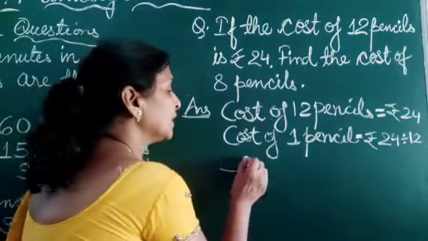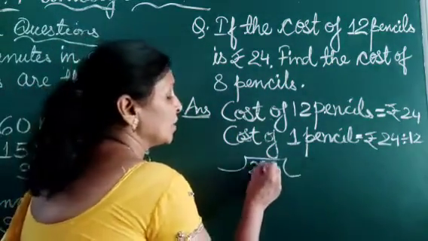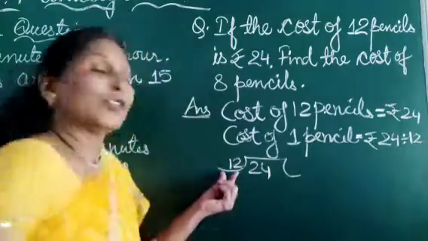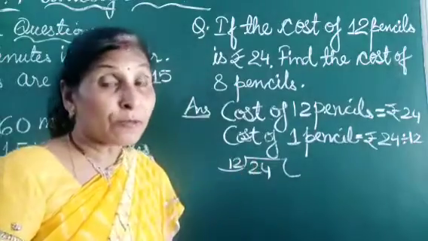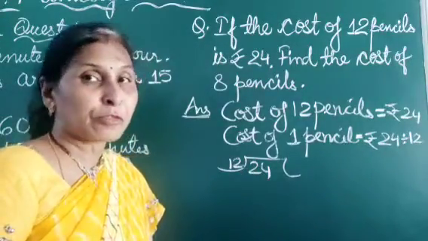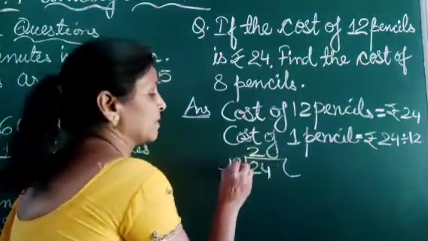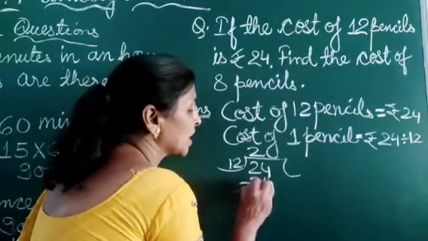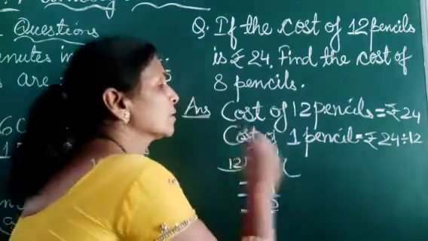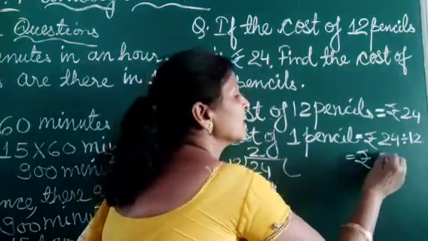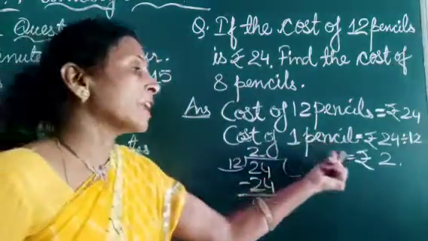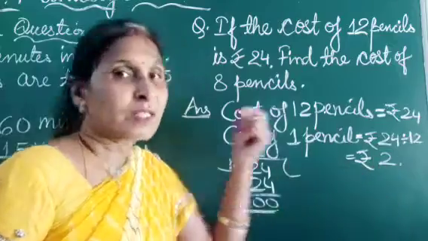Now we divide it, 24 and 12. You know the table of 12. How many times does 24 come in the table of 12? That is 2 times. 12 twos are 24. So our quotient is 2. Rupees 2. The cost of 1 pencil is rupees 2.